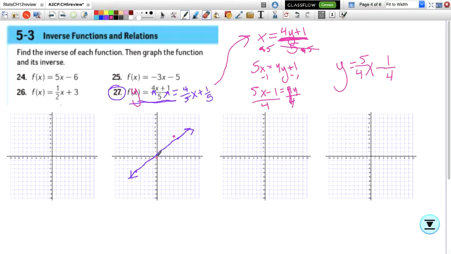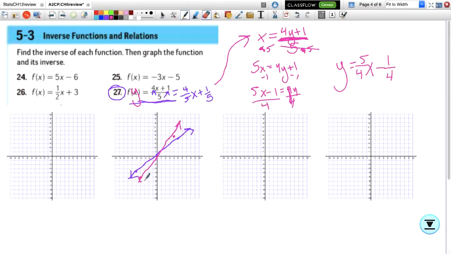Remember, I'm at -1/4, so I'm right underneath 0. So I'm going to go down 5: 1, 2, 3, 4, 5. And I'm going to go backwards 4: 1, 2, 3, 4, and put my dot. And I'm going to connect those 3 points.